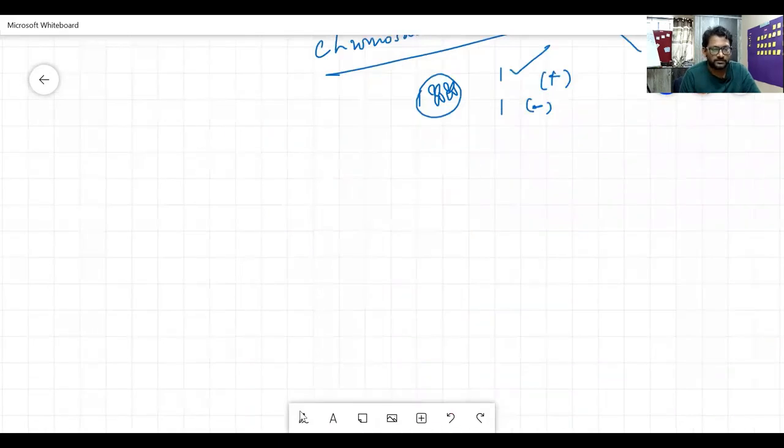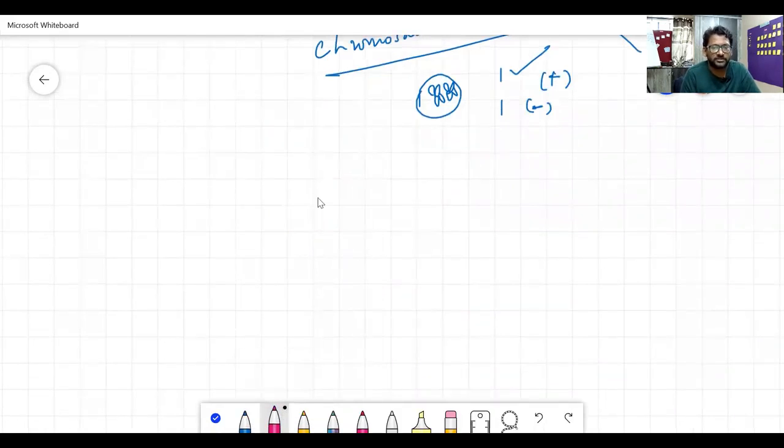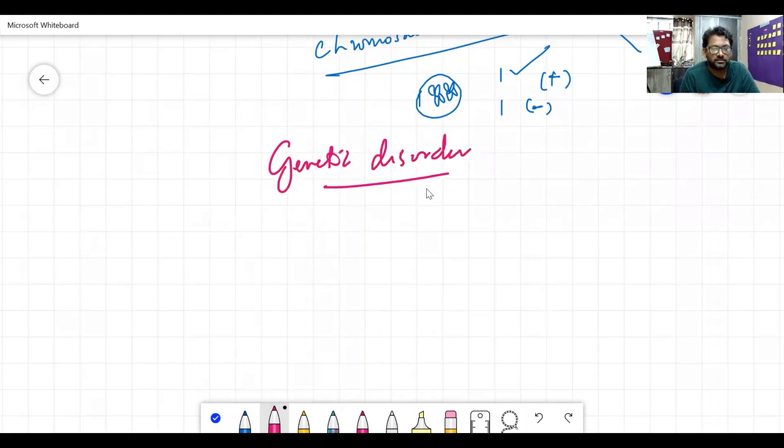So we have different genetic conditions or genetic disorders, which eventually affect cognition, IQ, and secondary sexual characters, etc. We will see what the different types of genetic disorders are.